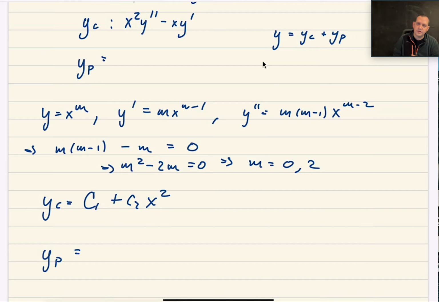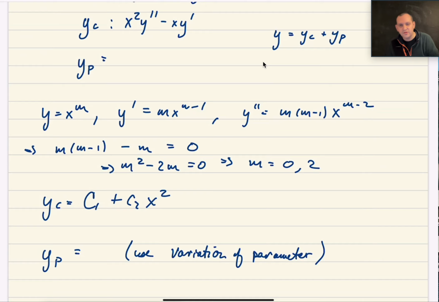To find the particular solution, what you would do is variation of parameters. That's where if you have a second order equation, you have two linearly independent solutions, which we just said 1 and x squared are.